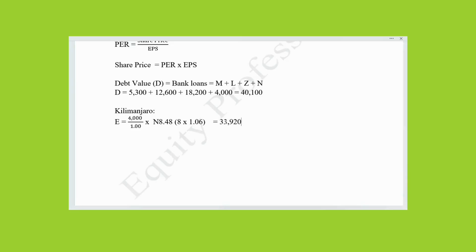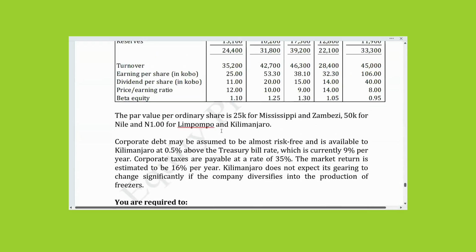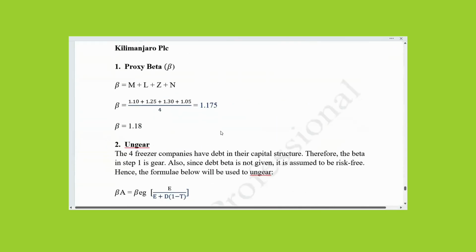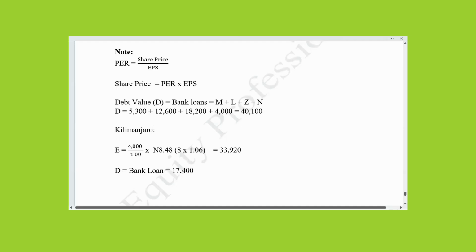Then the debt value of Kilimanjaro, which is the bank loan of Kilimanjaro, is equal to 17,400. So the debt equity proportion will be 17,400 divided by 33,920.